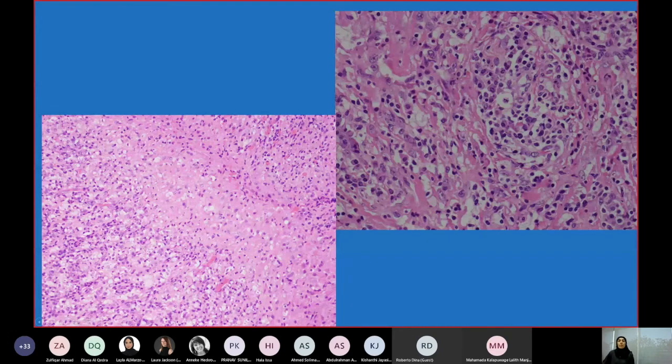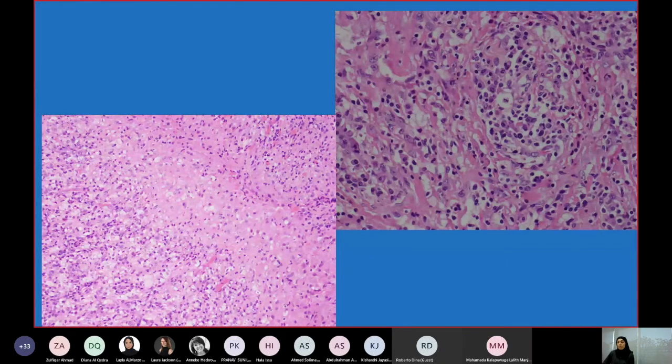Also, we can see an area with a central kind of necrosis, surrounded by a mixed inflammatory infiltrate and histiocytes. So imagine if the needle core biopsy went through this area, I won't be surprised that someone would think of granulomatous mastitis.